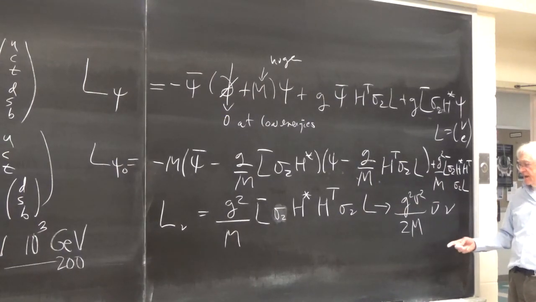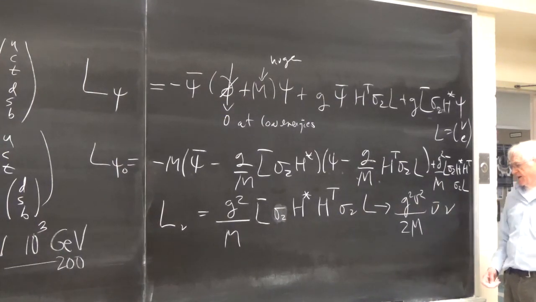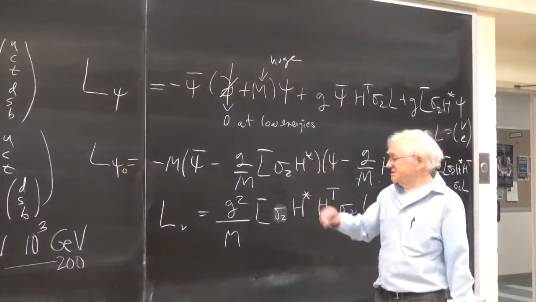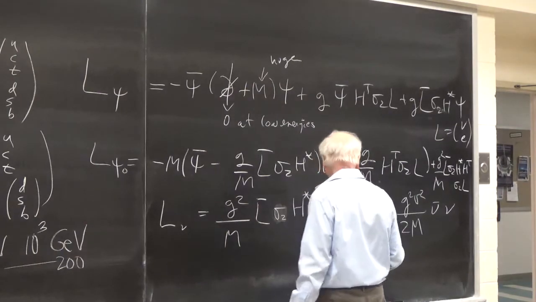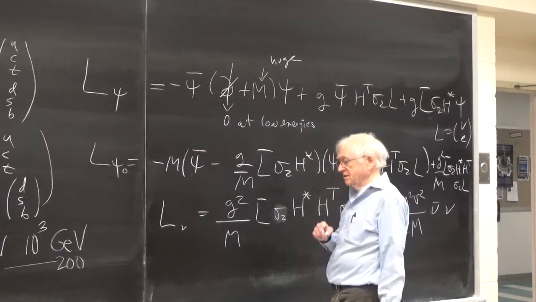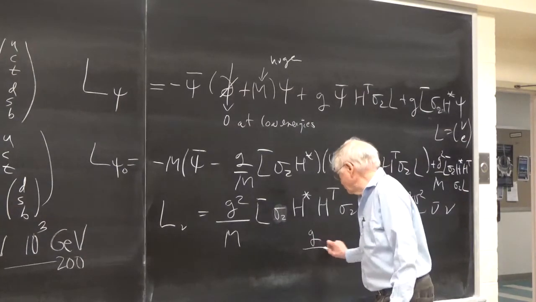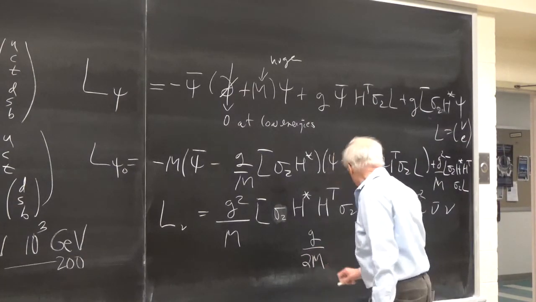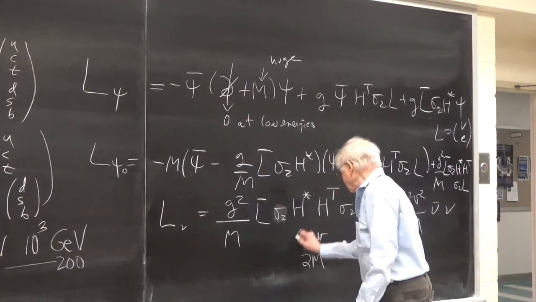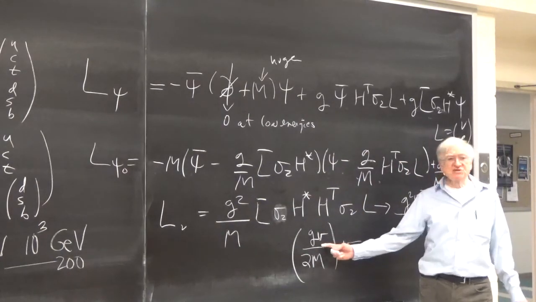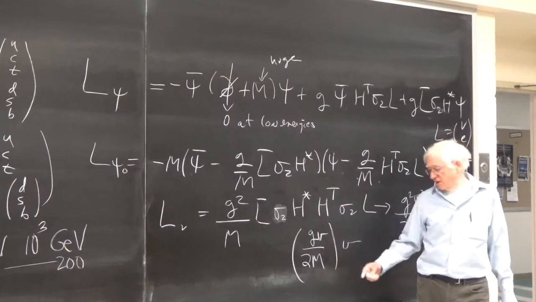But it's a small Dirac mass term because, in a sense, we calculated the constant that multiplies it. It's G V over 2M times V, whereas previously this was just some constant C.